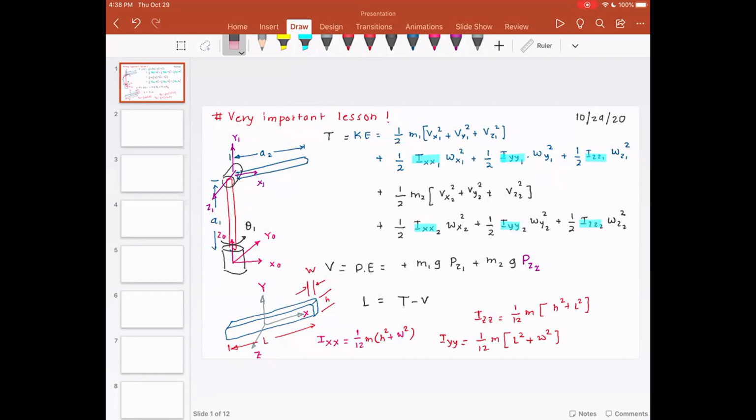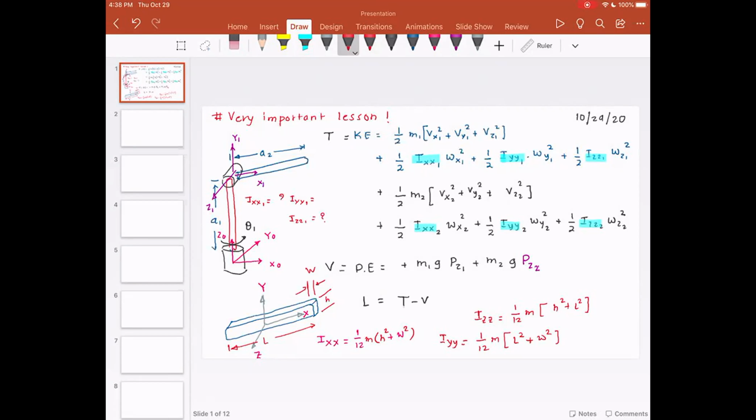Okay, so now please understand that the mass moment of inertia for a bar is represented in its own coordinate system. And at this point, this is the key question: what is Ixx1, Iyy1, and Izz1?